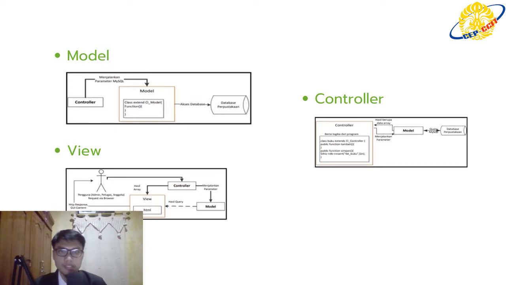The model represents the data structure of the system, usually in the form of access data like text or XML files. The model usually contains classes and functions relating to access to the database. You can see the model of the library management system, and there is a view structure.